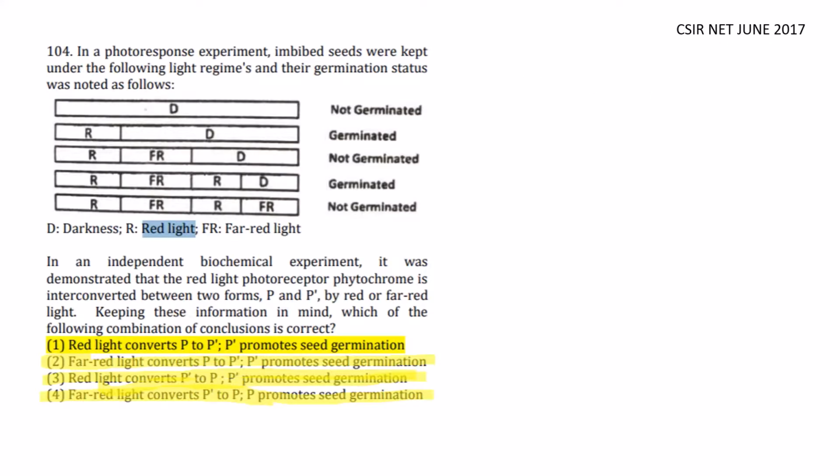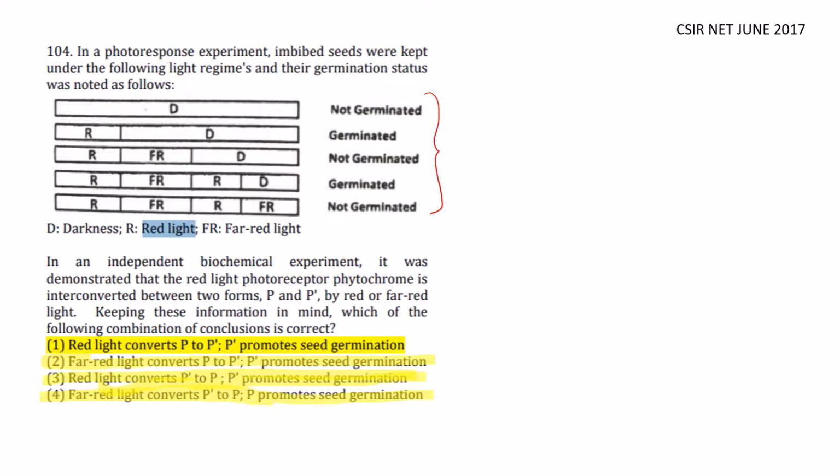This is the question from CSIR NET June 2017. Question is, in a photoresponse experiment, imbibed seeds were kept under the following light regimes and the germination status was noted as follows. So, these are the germination status under different light arrangements.